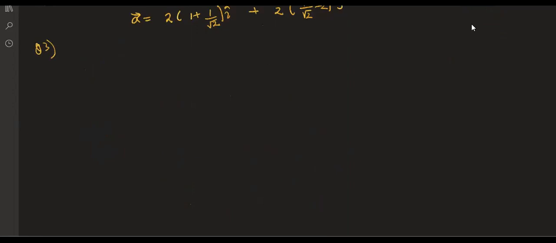Now again, suppose I'm having this box. Mass is 2 kg, and the forces are F1, F2, F3, and F4.